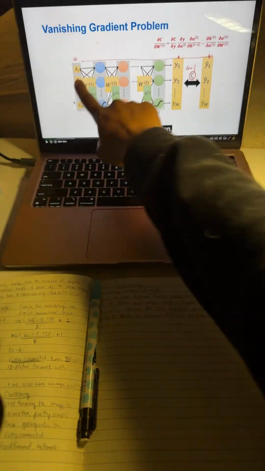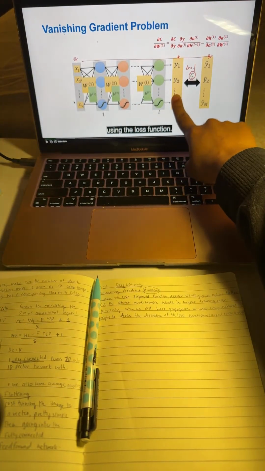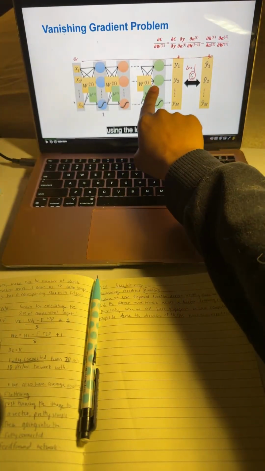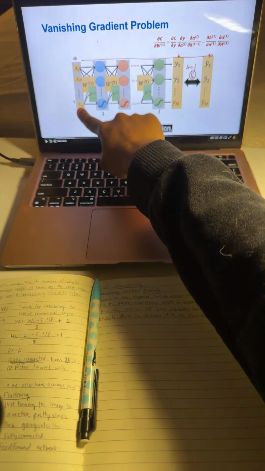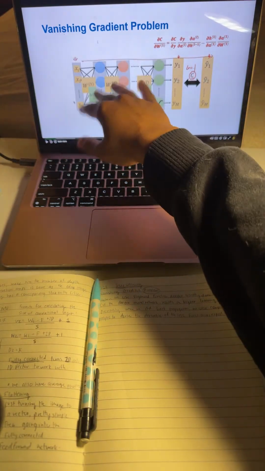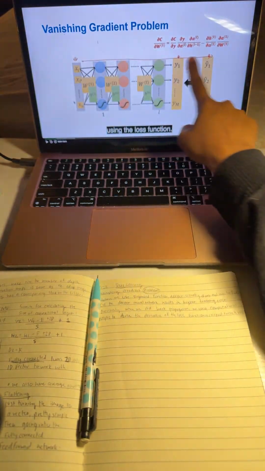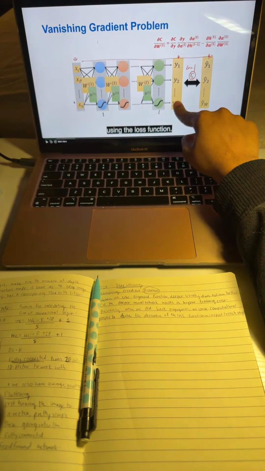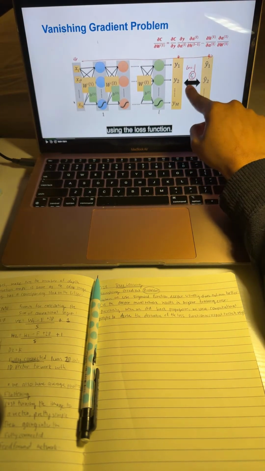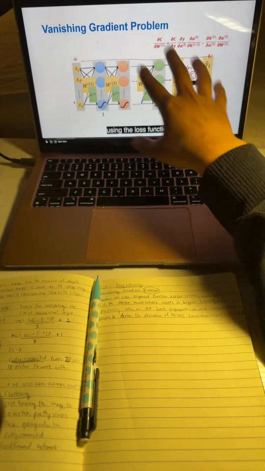So this is the input layer, this is the output layer, and these are the hidden layers. And these are the weights, these are the biases, these are the components, the neurons, and we go from left to right. This is the true value, this is the predicted value, and this is the loss function that we use in order to tell how good the model is.